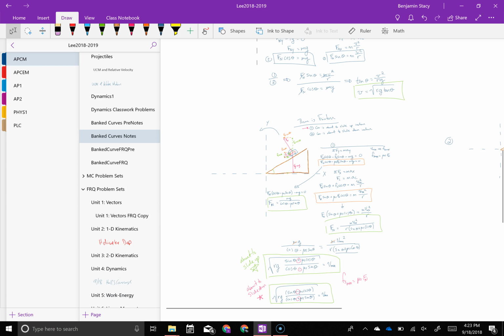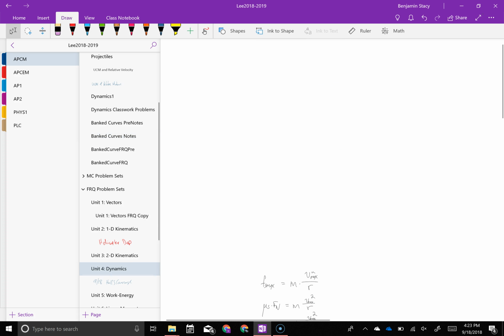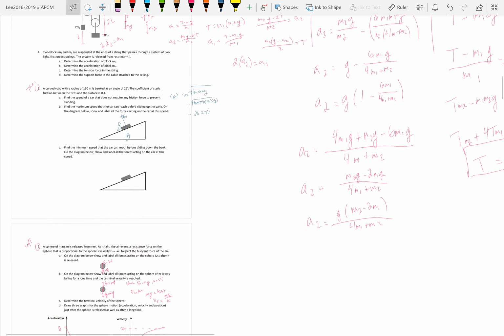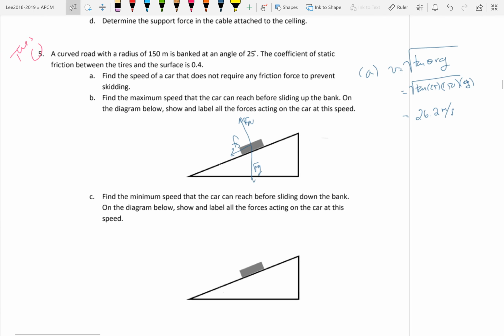I think question number 5, yes, this is the end of this video, but question number 5 in the FRQs, let's just make sure it's the right one. Yeah, this one. A curved road with radius 150 meters is banked at an angle of 25 degrees.